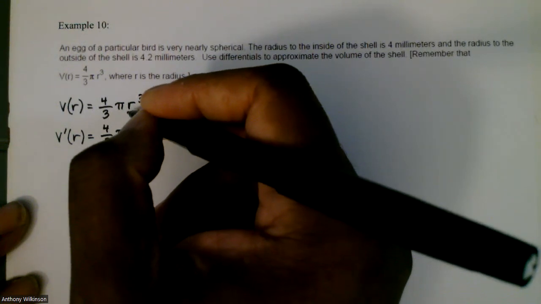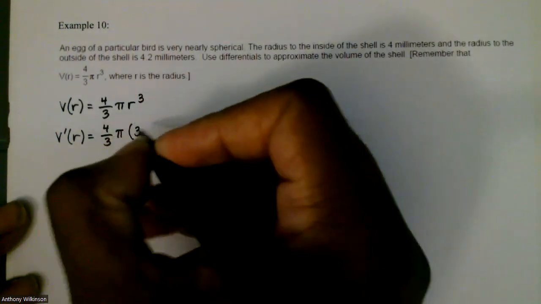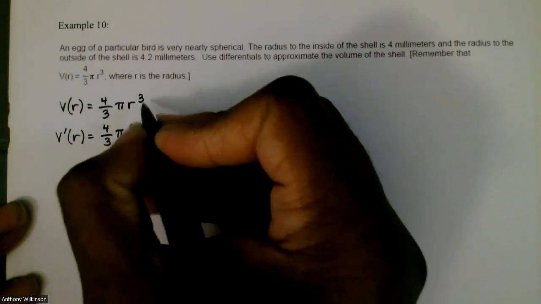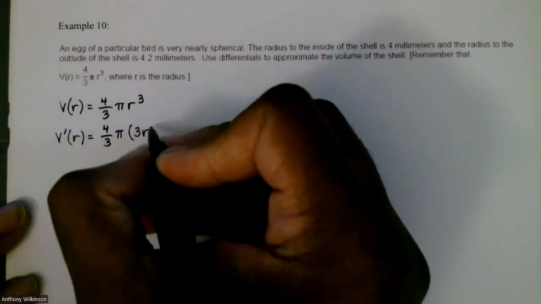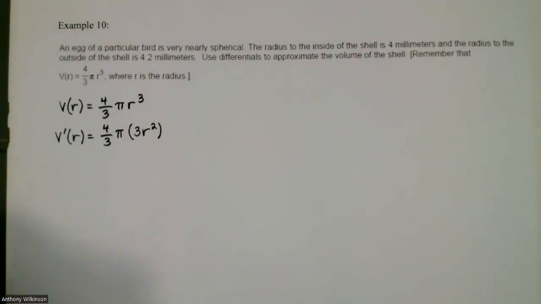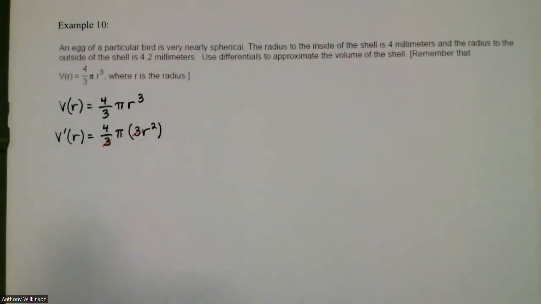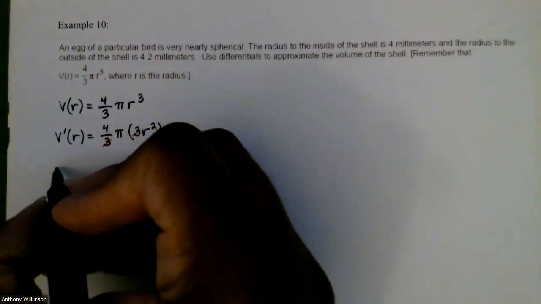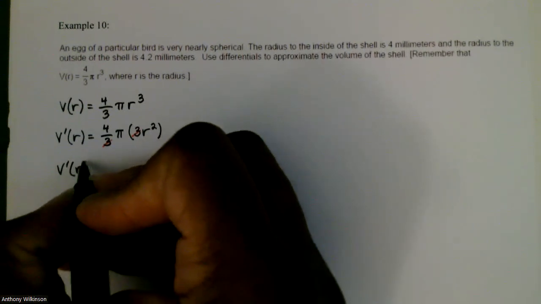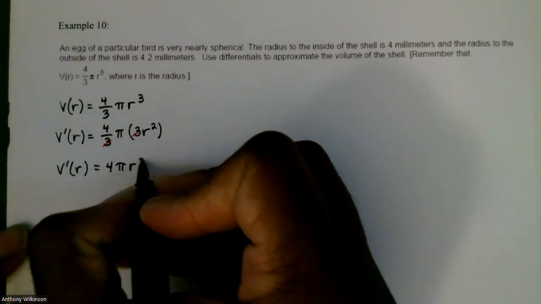So the derivative of r cubed: I bring down the exponent of 3 in front of the r, and copy that r down to the 1 less power. So 3 minus 1 will be 2. And then I can simplify this just a bit. Here, these 3's divide out. So V prime of r is equal to 4 pi r squared.